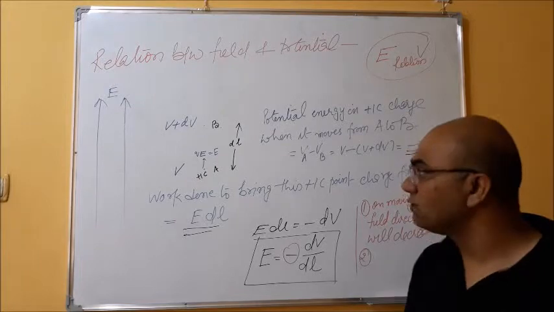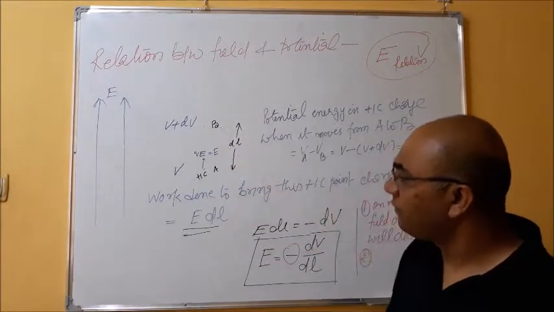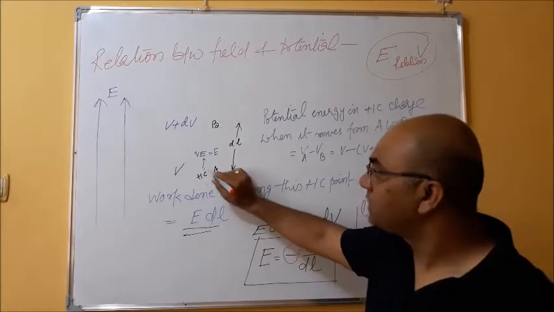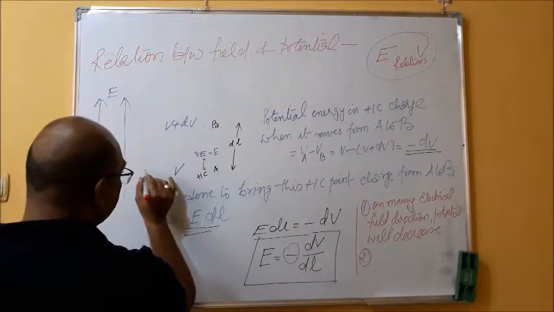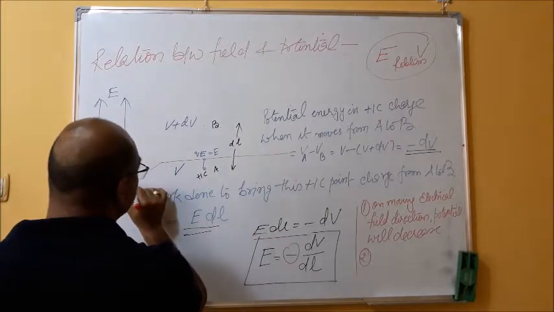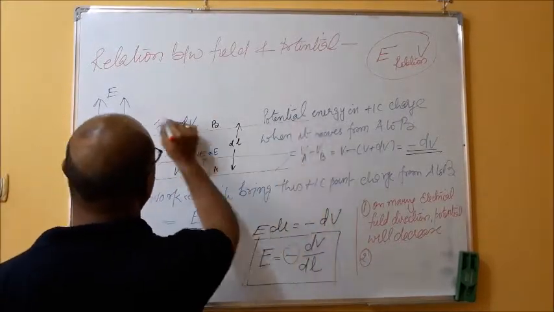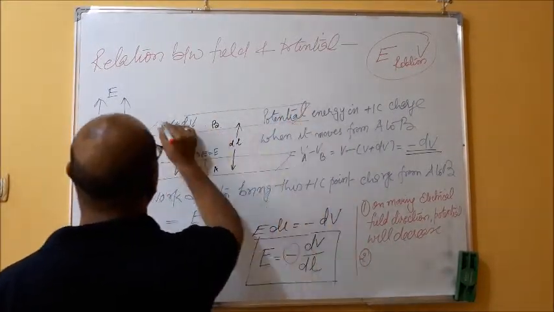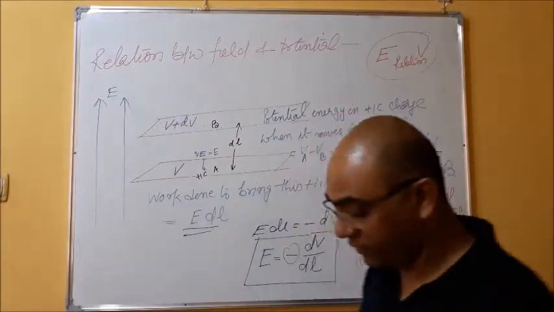And the next point, you see the same concept, if I am moving a point charge from this point to any point on this surface. Suppose I am saying this is an equipotential surface. Here also, we have seen the concept of equipotential surface.